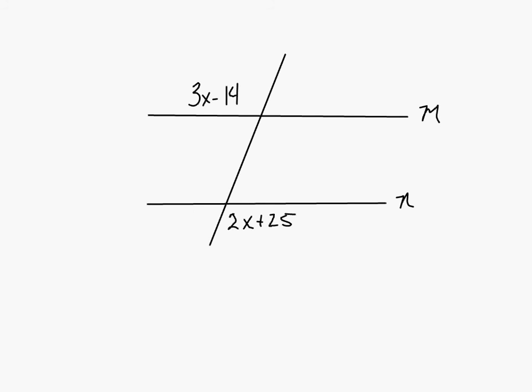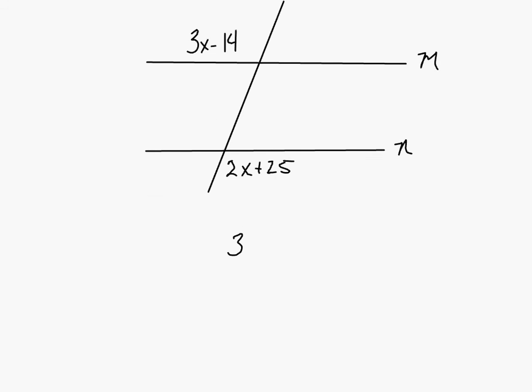Do they have to be congruent, supplementary? What are they, first of all? They're alternate exterior angles. For M to be parallel to N, didn't we say that alternate exterior angles are congruent? Right, so if you take 3x minus 14 and make it equal to 2x plus 25, if you solve for x, that's the value that x has to be to make M parallel to N.